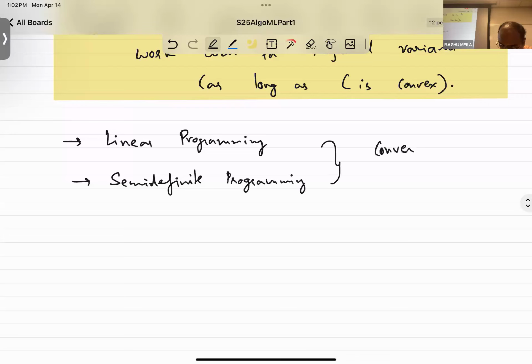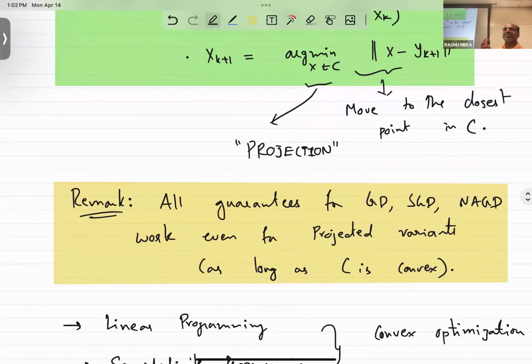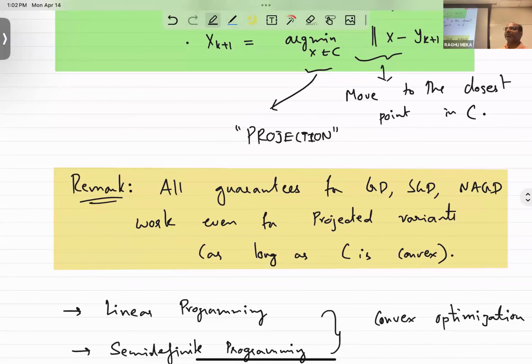These are all convex optimizations. In fact, linear programming is basically, you can think of it as least squares regression with a non-negativity constraint. So I'm just trying to solve, okay, minimize ||Ax minus b|| squared subject to x being greater than or equal to 0. That's linear programming, right?